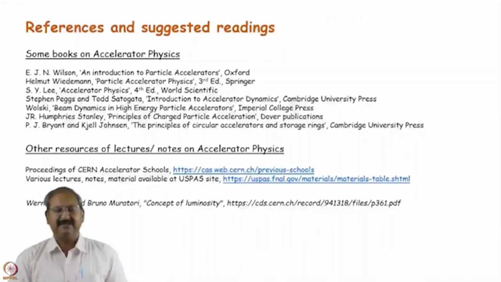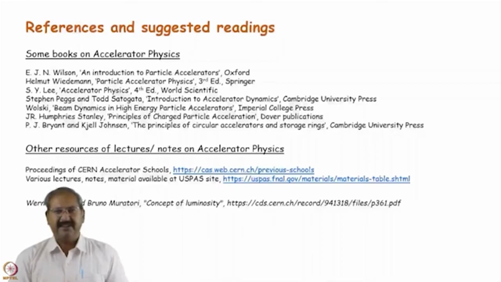Then we saw how the motion of off-momentum particles can be analyzed. The solution of Hill's equation gives you betatron oscillations, and for an off-momentum particle, along with the betatron oscillations, there is a dispersion term. In the longitudinal plane, the RF cavity works as the focusing element that keeps the particles focused in the longitudinal direction also, and therefore synchrotron oscillations are there in the longitudinal plane.